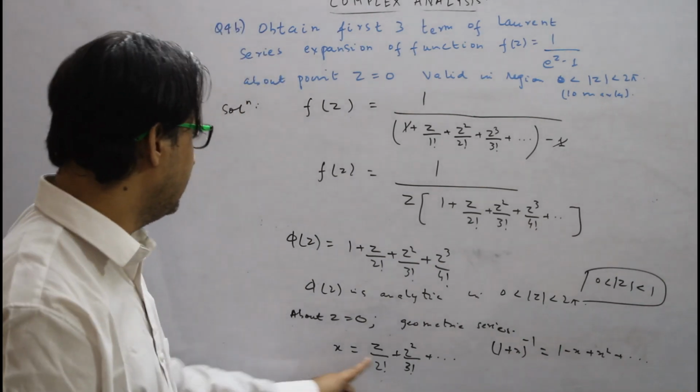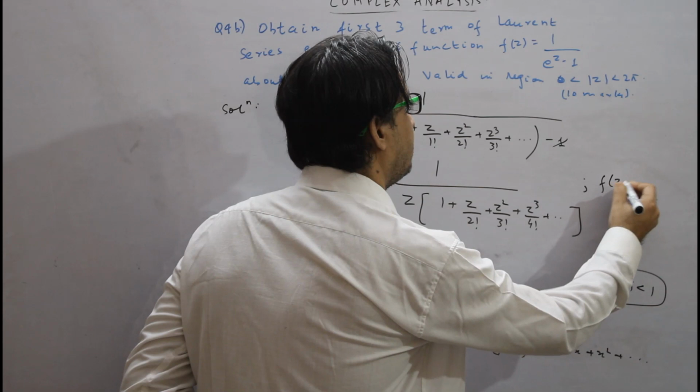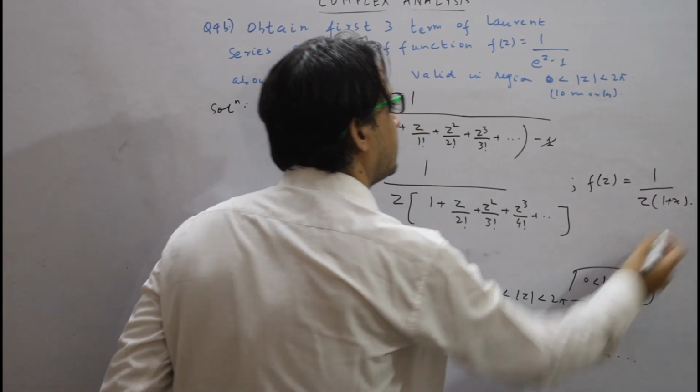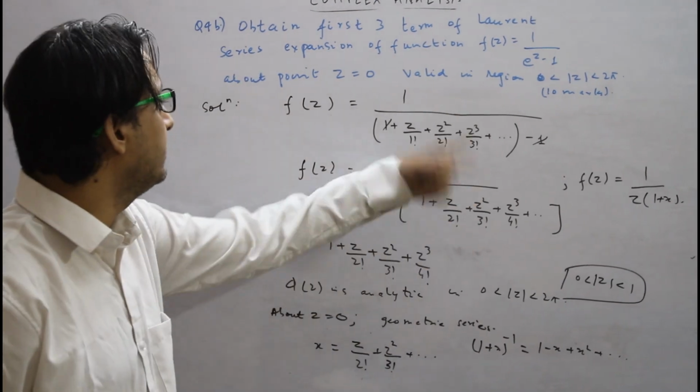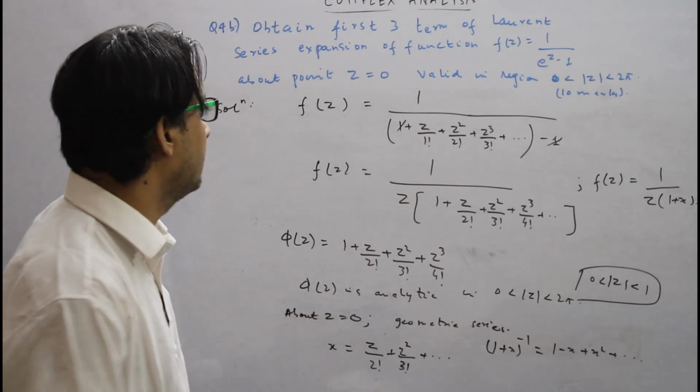So I have taken this from here. So this becomes f of z is equal to 1 by z into 1 by 1 plus x. I am going to use this.